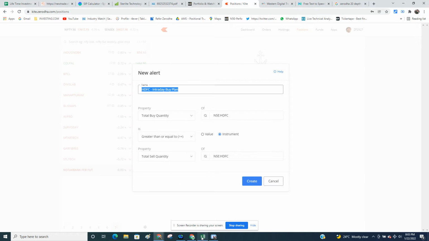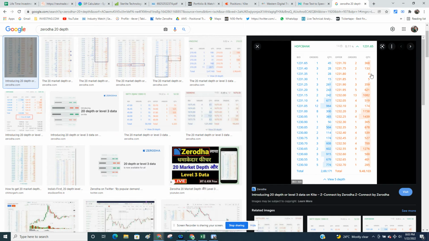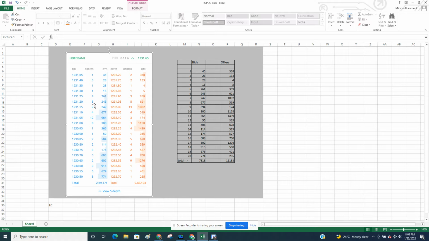Let me show you a screenshot I captured. I have captured it in Excel, taken the same numbers here and shown the sum as well. For the top 20 bids and top 20 offers, the total is close to 2.5 lakh, and here the offers are 9.4 lakh.